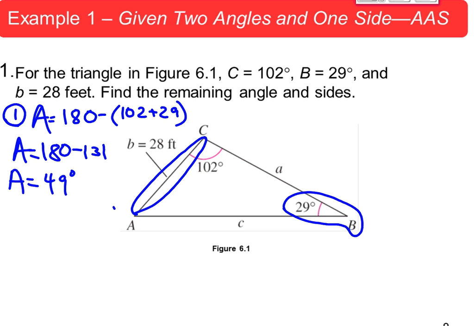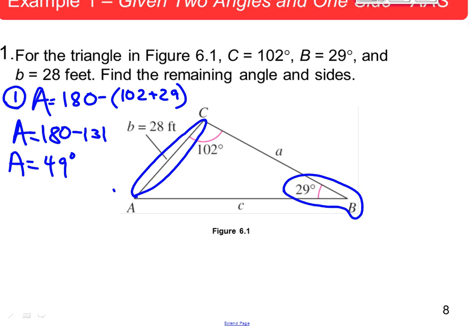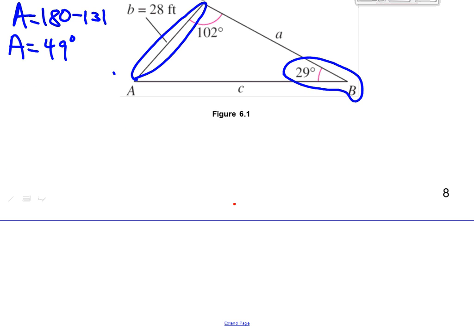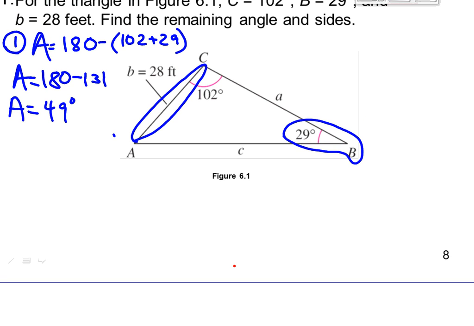So this is my pair of things that I know that are opposite each other. I can choose to use that one, and I can find either A or C as my next thing. Since C was the given one, I'll just find that little c as well. And so I'm going to write 28 over the sine of 29 degrees equals little c over the sine of 102 degrees.